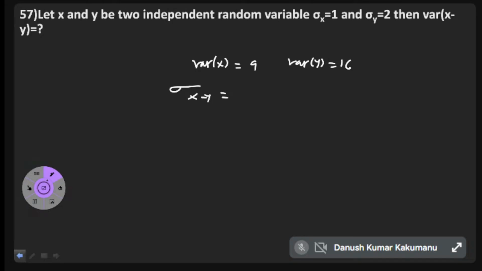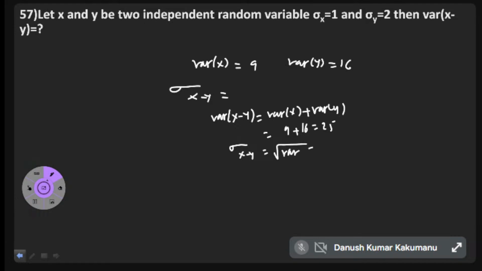X and y are independent. For that, what do you have to do first? Variance of x minus y is variance of x plus variance of y. Plus, not minus: 9 plus 16 is 25. He is asking for the standard deviation of x minus y, which is the square root of the variance, the square root of 25. 5 is the answer. Everybody understood?